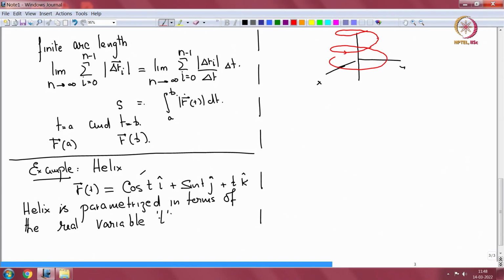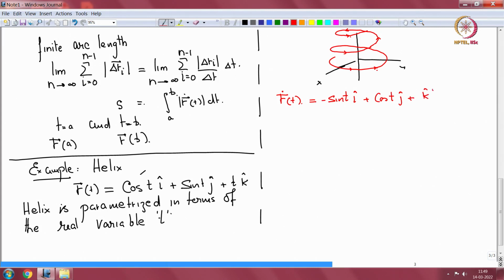With t increasing, it moves like that. Okay. So now I can talk of r dot of t, which is minus sine t i plus cos t j plus k.